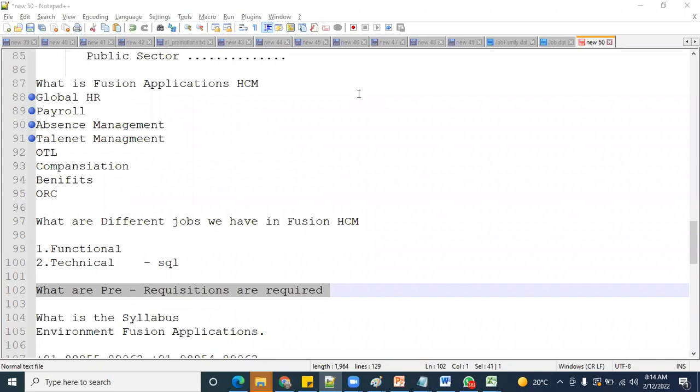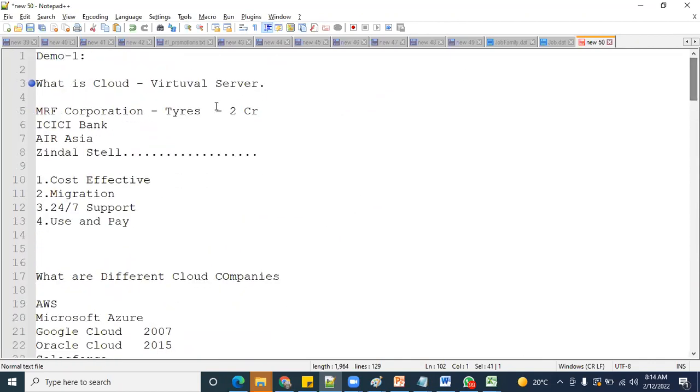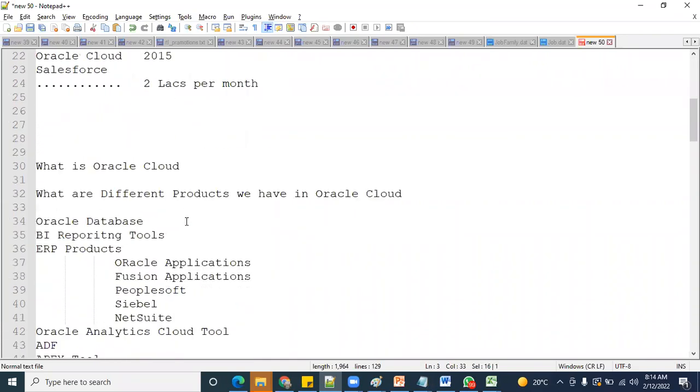No, Fusion is not cloud. Cloud is nothing but a server. It's hardware. Indirectly, it is a virtual server. Fusion is one of the software which is installed in the cloud. In which cloud is it installed?